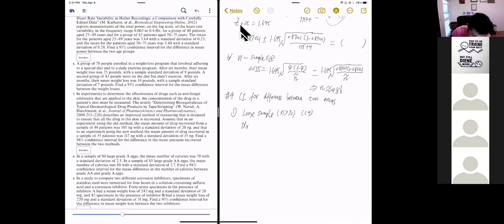So mu x minus mu y equals sample mean for x minus sample mean for y, plus minus z half alpha times the square root of sigma x squared over n x plus sigma y squared over n y, where sigma is the population standard deviation. If sigma is not given, we can use the sample standard deviation, S, instead.